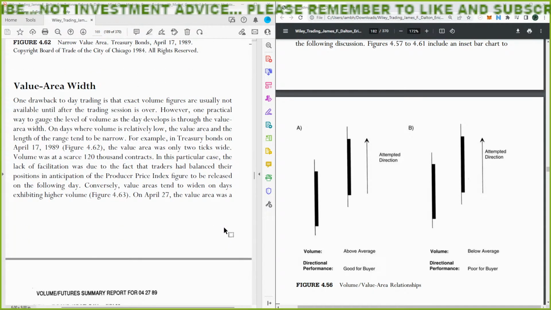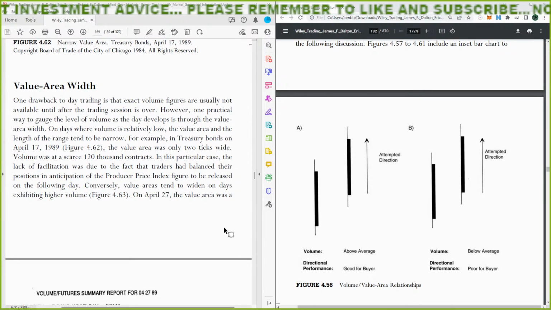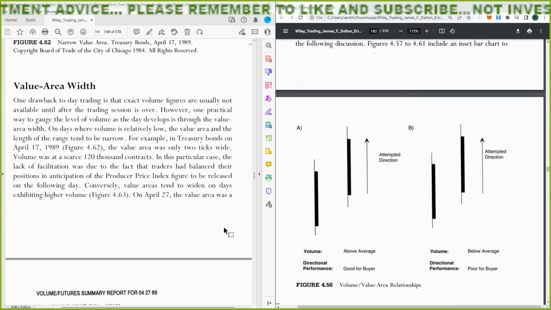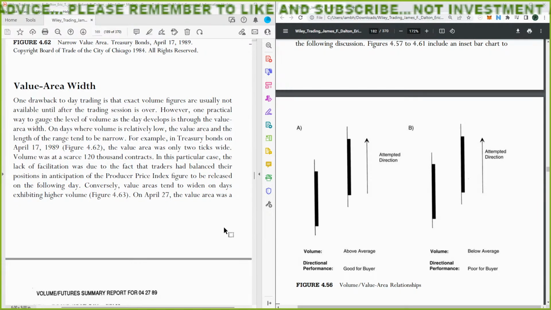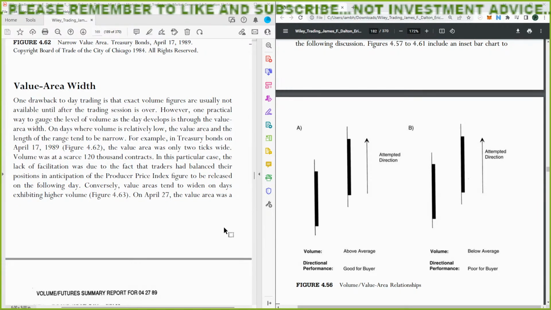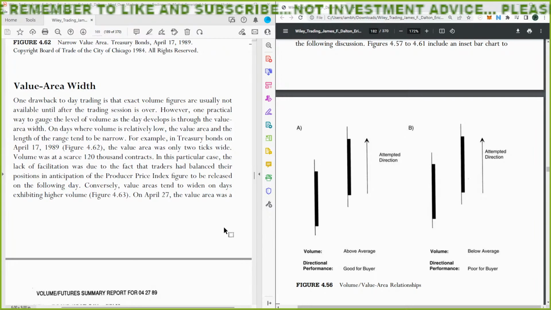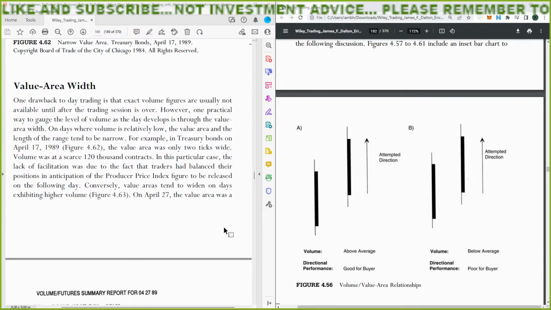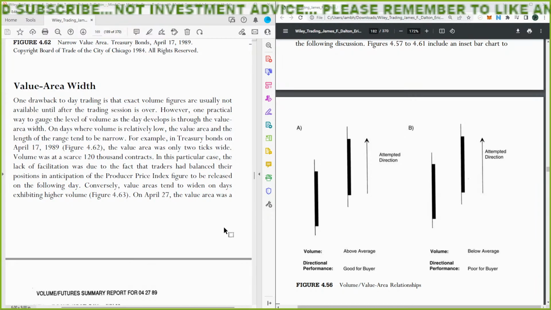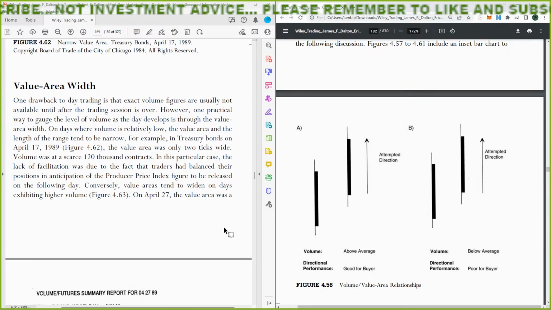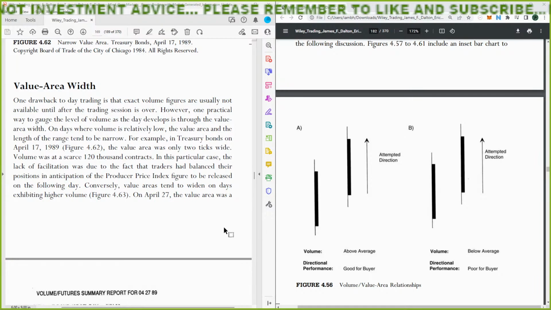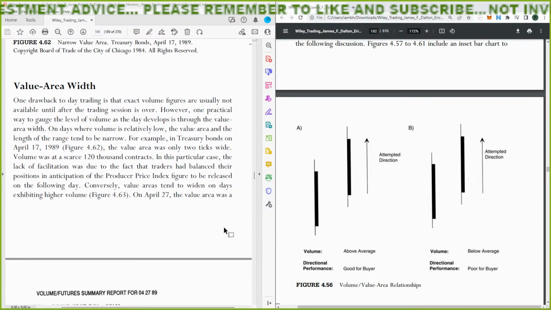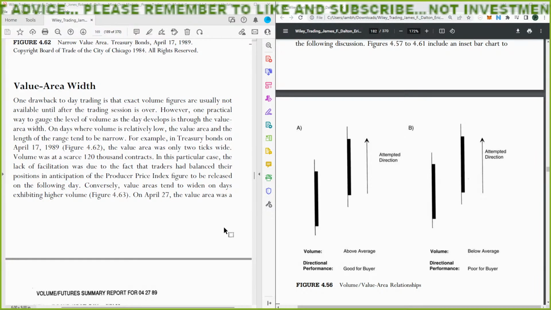Value area width. One drawback to day trading is that the exact volume figures are usually not available until after the trading session is over. However, one practical way to gauge the level of volume as the day develops is through the value area width. On days where volume is relatively low, the value area and the length of the range tend to be narrow.